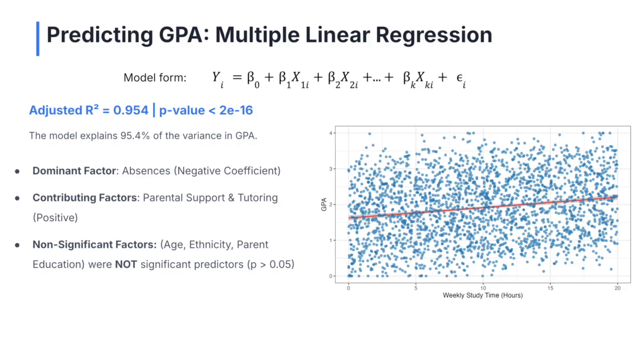The R-squared value means that our model explains 95.4% of the variation in student grades. This is also consistent with our correlation matrix, as absences were the dominant factor with a negative correlation, and demographic factors such as age and ethnicity were not statistically significant, as shown previously.